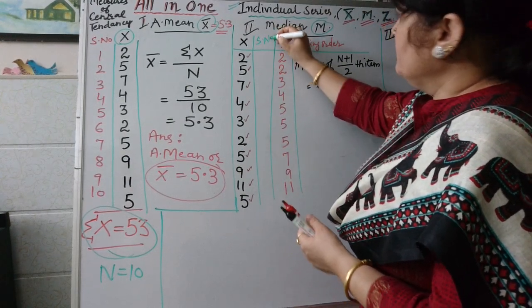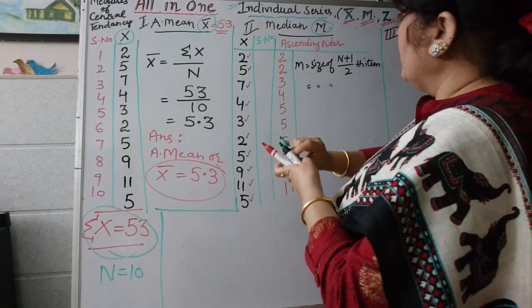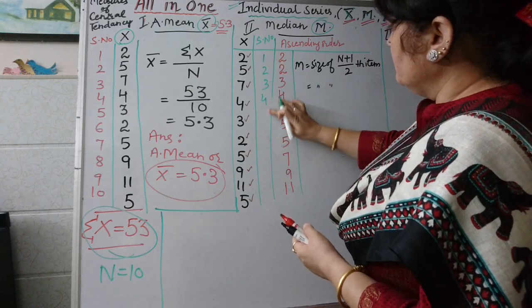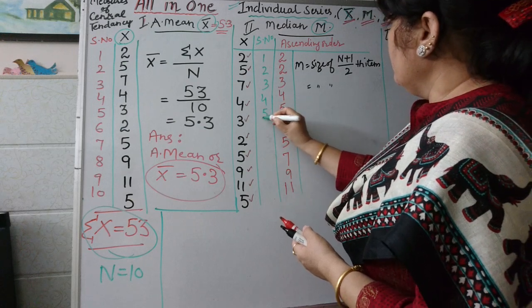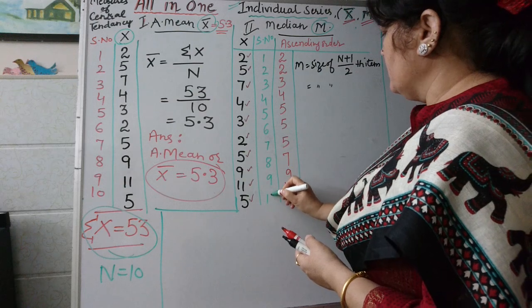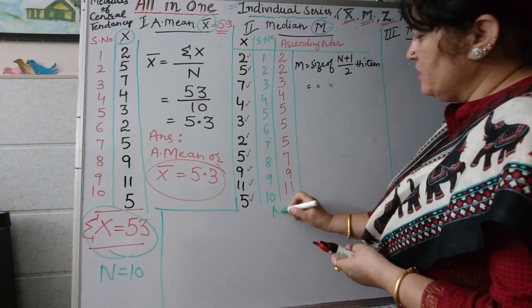Serial number 1, 2, 3, 4, 5, 6, 7, 8, 9 and last one is 10. So total number of items n is equal to 10.